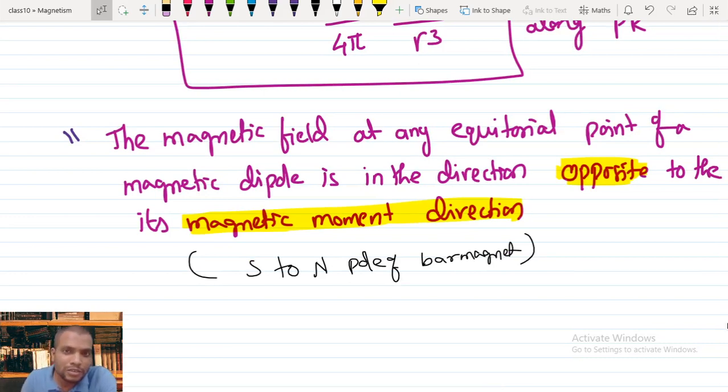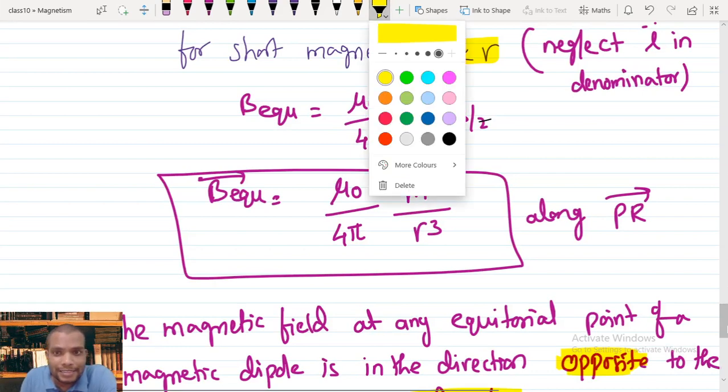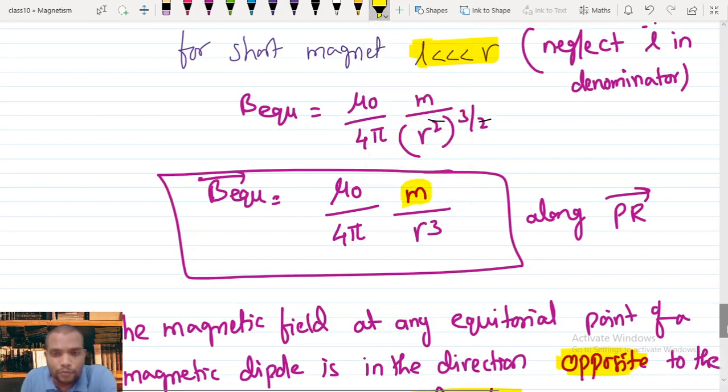So these two give the expression for the strength of the magnetic field due to a bar magnet, and the direction we compare to the magnetic moment. Here the very important quantity is known as magnetic moment: the product of magnetic pole strength and its magnetic length we define as magnetic moment.